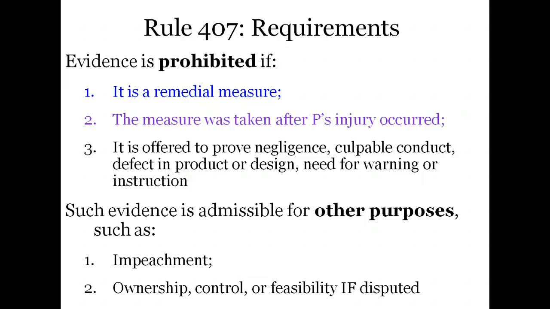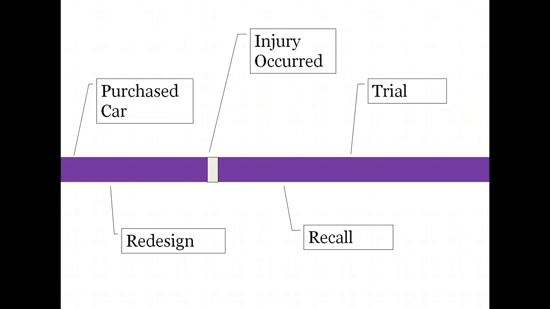Now you're thinking, how could it be that the repair had been made prior to the injury? And the answer to that is in a products liability case. Okay, so let's say that we have a situation where a plaintiff has purchased a car, then the car is redesigned, and then the injury occurs after the design change.